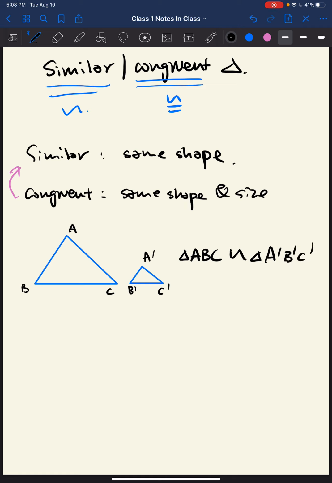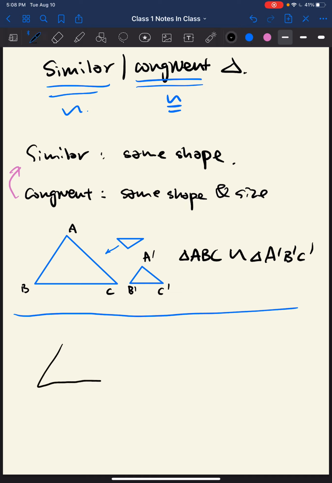Also a note, it could be any rotation. If I draw my triangle like this and it's still similar, the rotation doesn't matter at all.